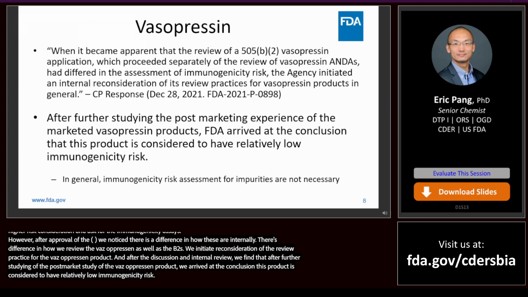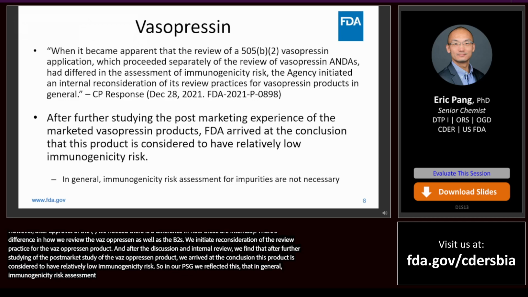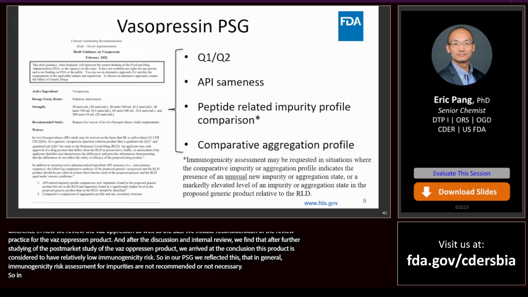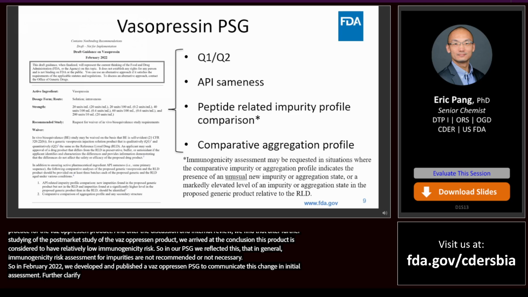So in our PSG, we also reflected this, that in general, immunogenicity risk assessment for impurities is not recommended or not necessary. So in February 2022, we developed and published the vasopressin PSG to communicate this change in initial assessment and further clarify the comparative studies needed.